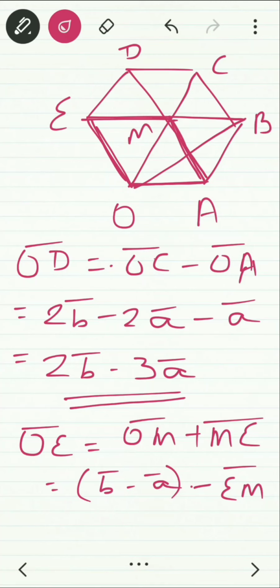Opposite sides of a parallelogram are equal, so EM is equal to OA. Thus, instead of EM, we substitute the value OA.